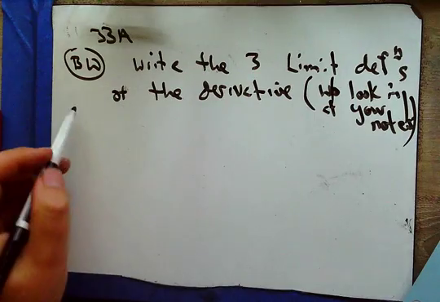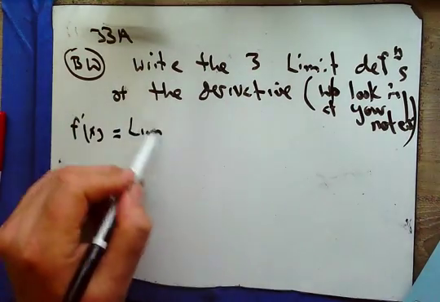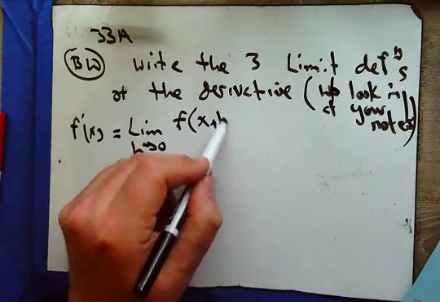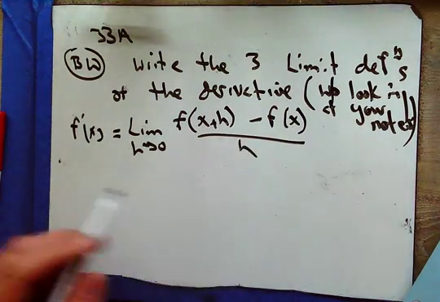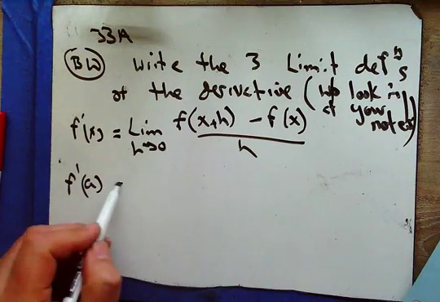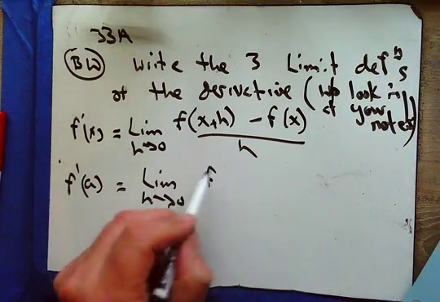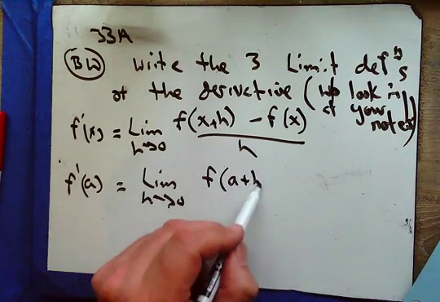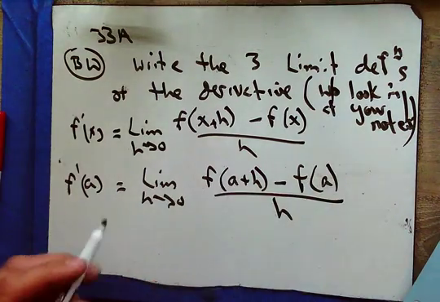Welcome back. So f prime of x, the general derivative, is the limit as h heads to 0 of f of x plus h minus f of x all over h. But if we just want to know the derivative at a point x equals a, then we can say the limit as h approaches 0 of f of a, that specific place we want to know the derivative, plus h minus f of a all over h.